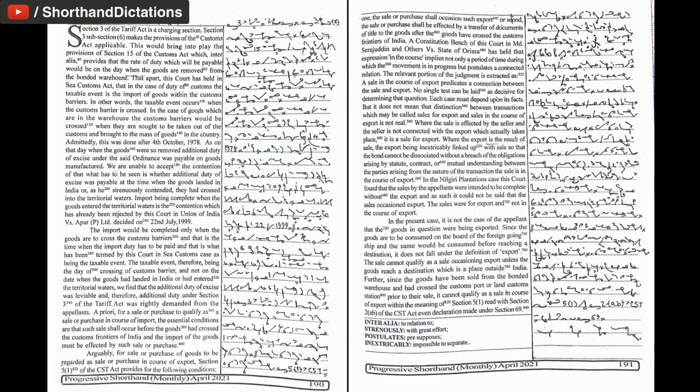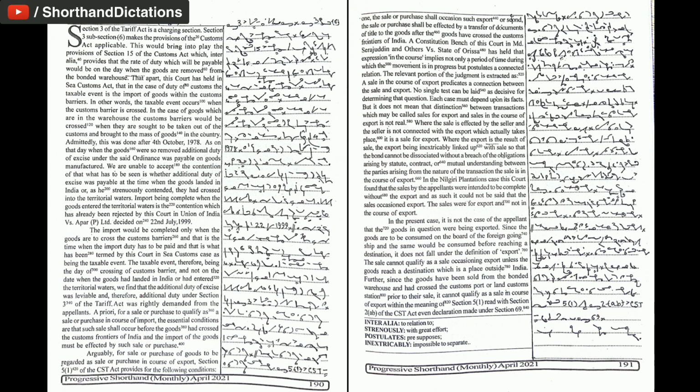No single test can be laid down as decisive for determining that question. Each case must depend upon its facts, but it does not mean that the distinction between transactions which may be called sales for export and sales in the course of export is not real.